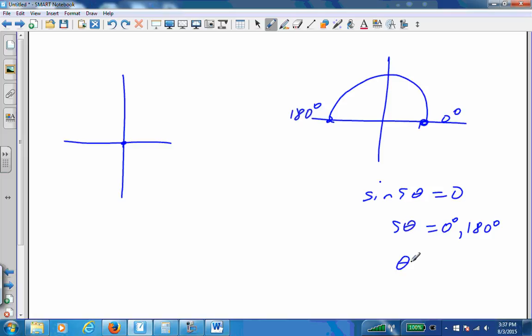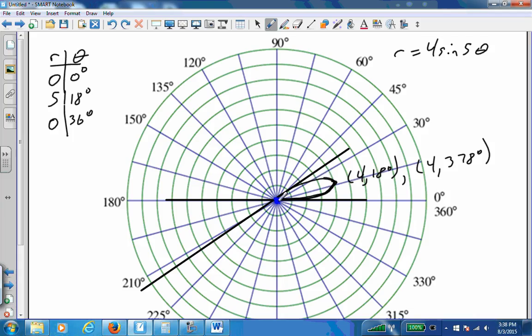So when theta is 0, also when it's 36? So at 0 degrees, and then when we got back to a direction of 36, we're also out 0 units. So those are 2 consecutive times we're at 0. So in that are polar tangent lines that bound that leaf.